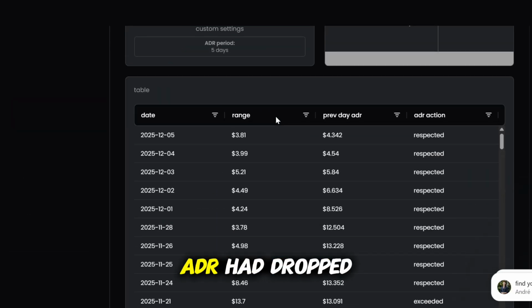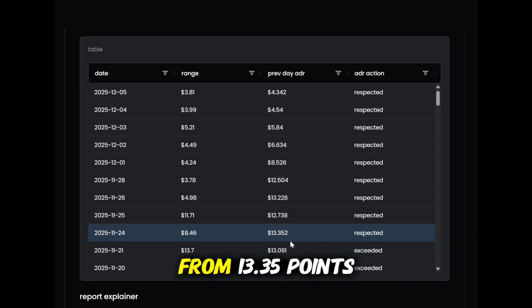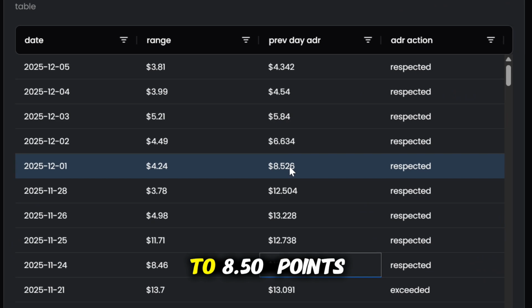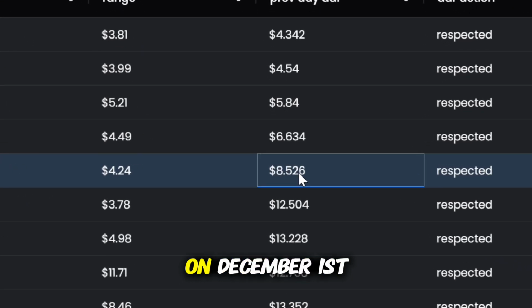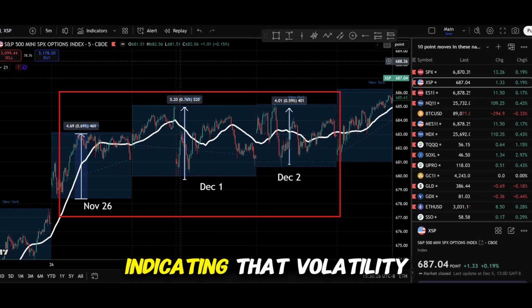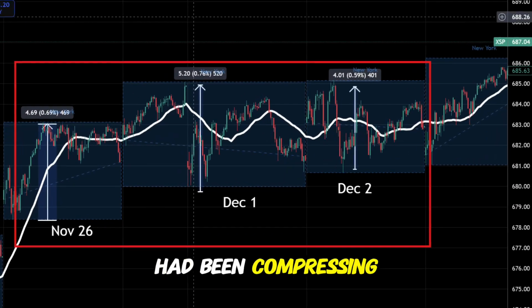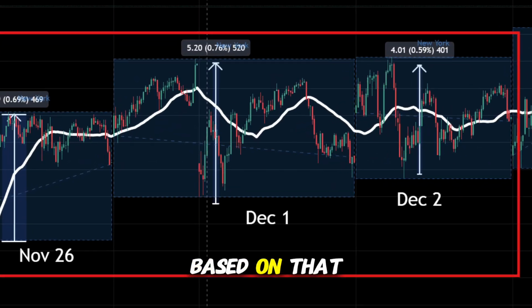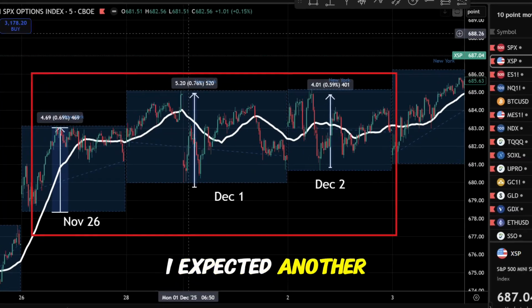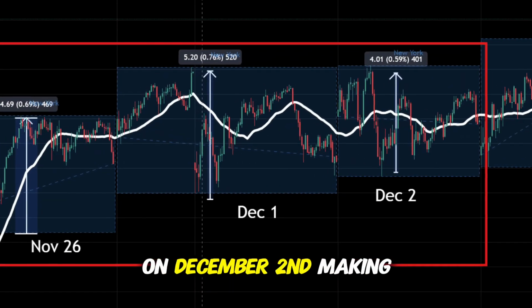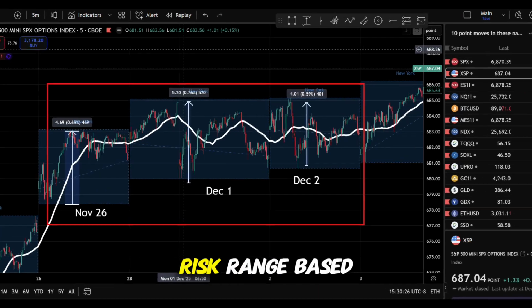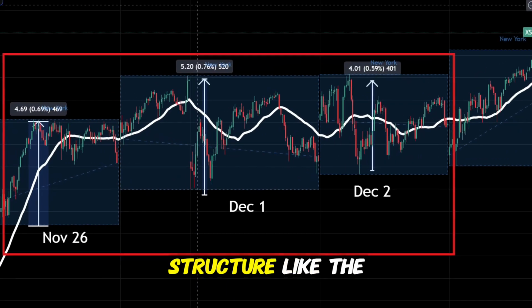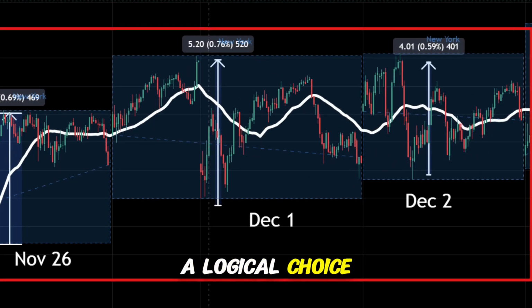The 5-day ADR had dropped sharply from 13.35 points on November 24th to 8.52 points on December 1st, indicating that volatility had been compressing for several sessions. Based on that trend, I expected another contained trading day on December 2nd, making a defined risk, range-based structure like the butterfly a logical choice.